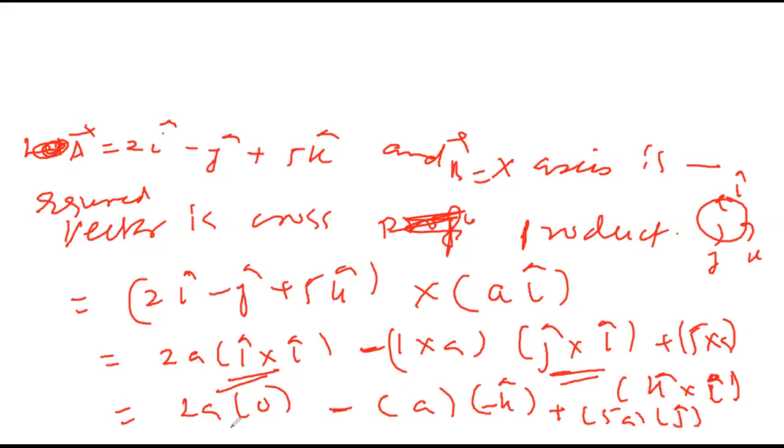So that means your required vector came as a k cap plus 5a j cap, where a can be anything. Let me see whether there is such an option. Option C, 5j plus k, because a can be anything, it can be 1. So the correct option is C.